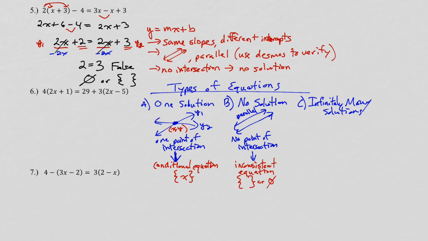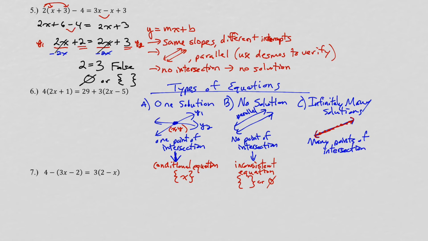This is when, visually, you put y1 in there, and then you put y2, and it's the same exact line. So where do they cross? Where are the intersections? Everywhere. Everywhere you look, there's an intersection. Every single spot on there, there's an infinite amount of intersections. So we'll just say many points of intersection.